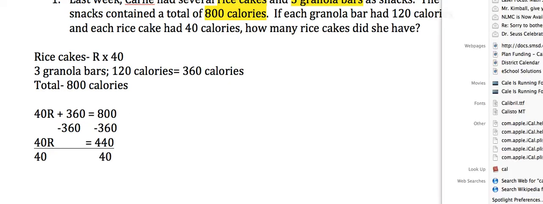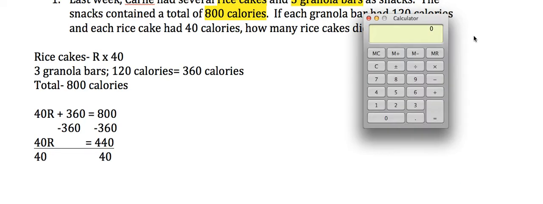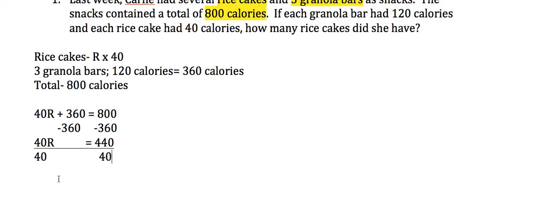So 40 divided by 40 gives us 1, so those cancel out, so we're good on the left-hand side. 440 divided by 40 gives us 11. So R equals 11.